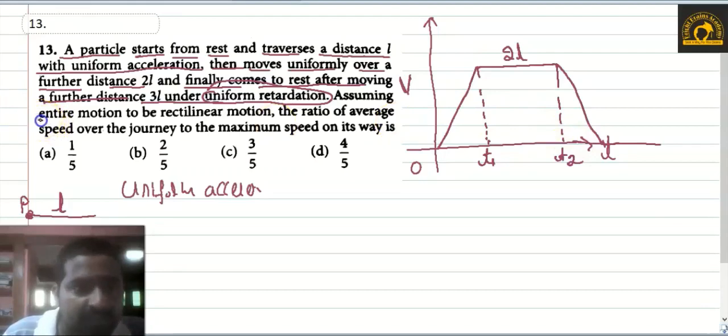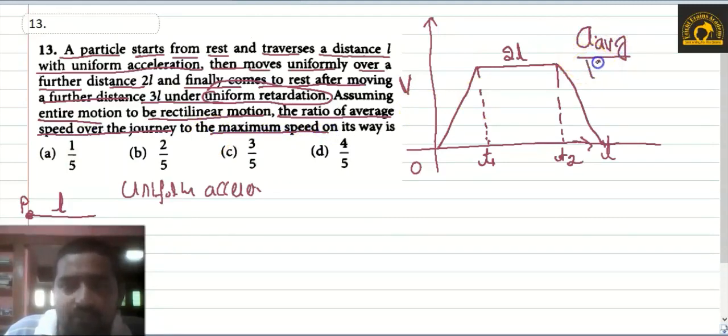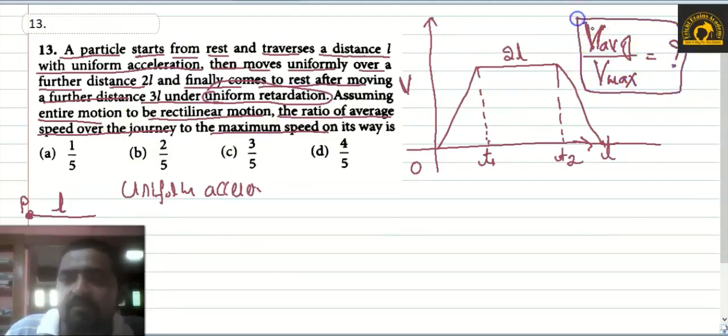Then, assuming the entire motion to be rectilinear motion, you have to calculate the ratio of average speed over the journey to the maximum speed, V maximum. Okay, so first one by one.